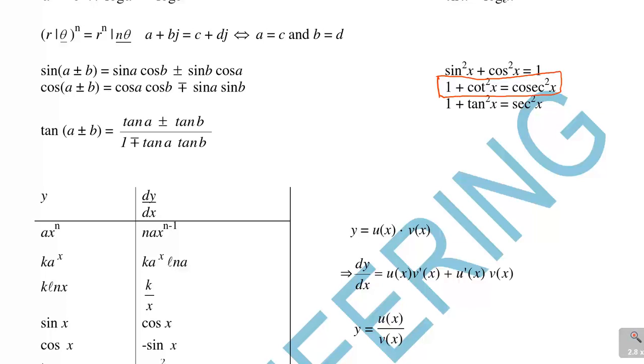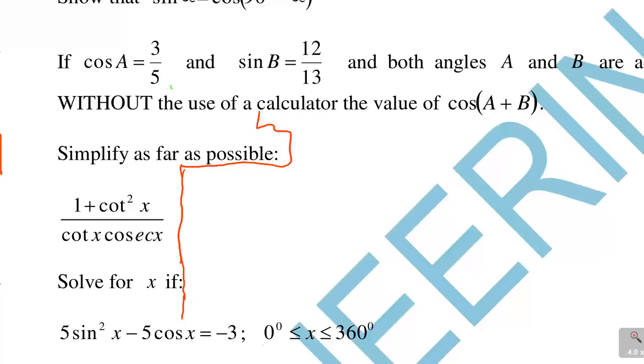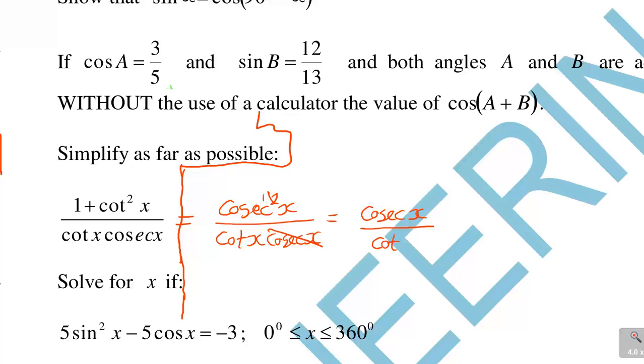So I can literally say this is equal to cosec squared x over cot x cosec x. That is where I'm saying I don't know why they did that. Now if I cancel off that cosec, 1 will remain, so that I will have cosec x over cot x. Just think of it.